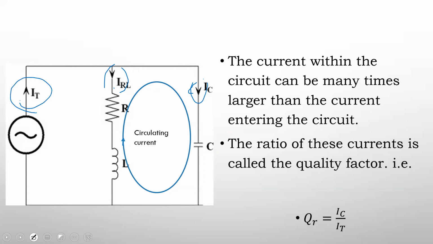Current into the circuit, we have IT. The ratio of these two currents, IC and IT, is known as the quality factor of your circuit.